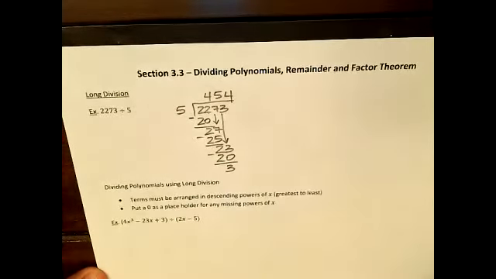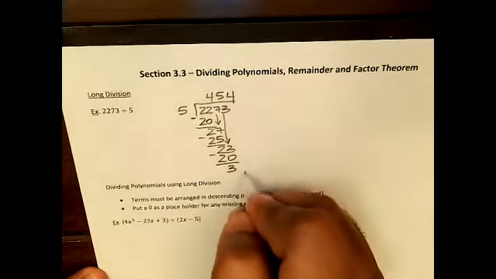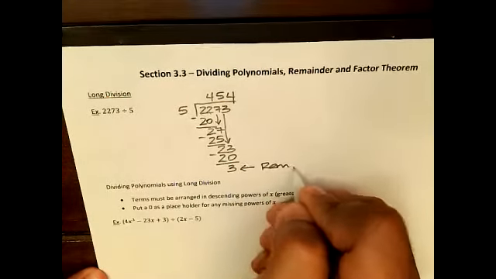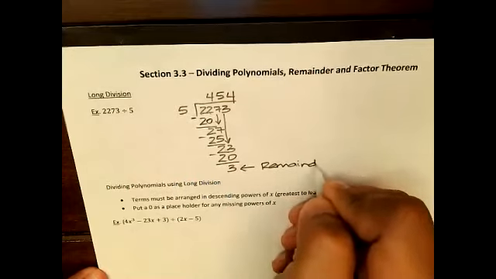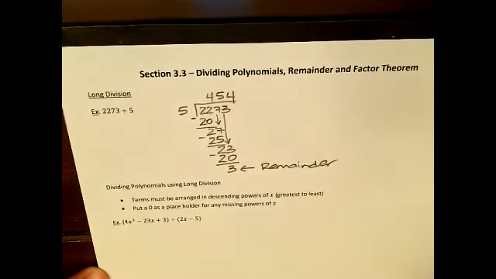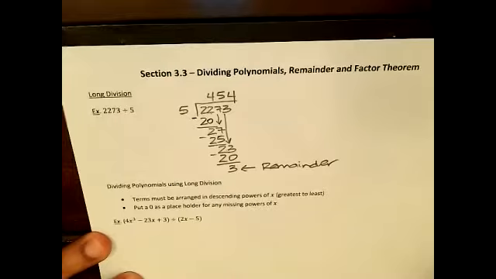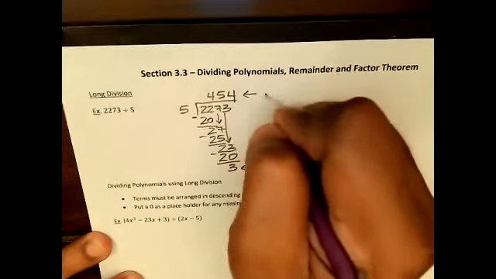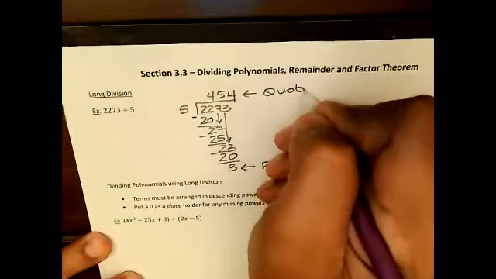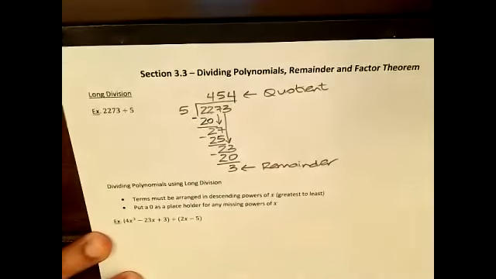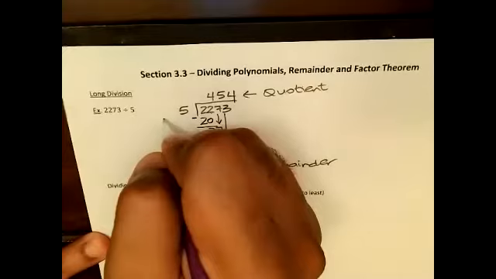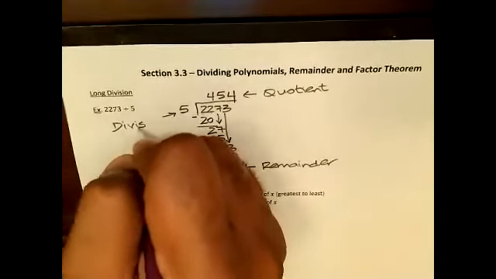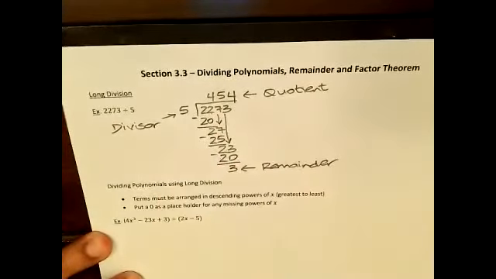Before I write down my answer, this number that I have left down here, we call the remainder. Up on top, the 454 is called the quotient. And then the 5 is what we call the divisor.